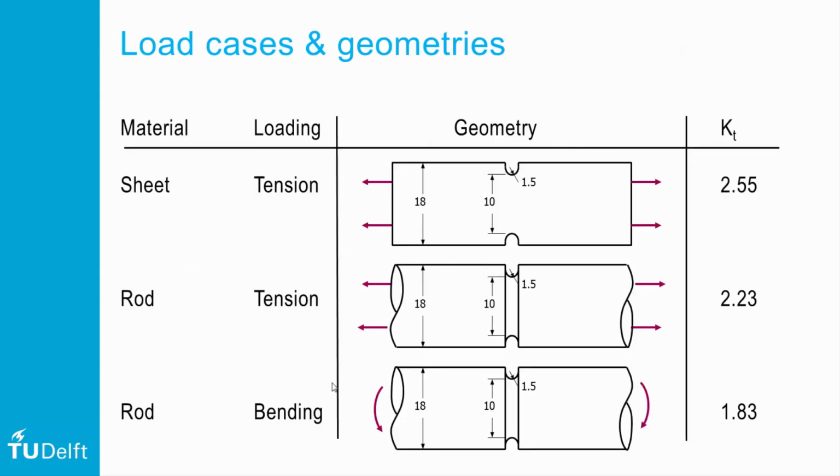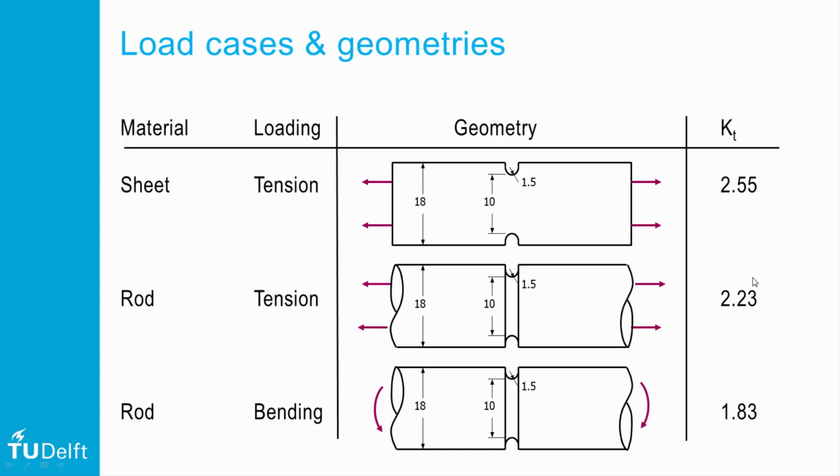But now let's assume we have a similar notch geometry and we change the load case. So we have the sheet in tension with the notches on both sides, then the stress concentration factor is given by 2.55. If I now have a rod with a diameter equal to the width of that plate, and I have a groove in the circumference which has the same radius as the notch in the plate, what I will find is that in case I apply tension, the stress concentration factor is less than 2.55, actually it's 2.23.